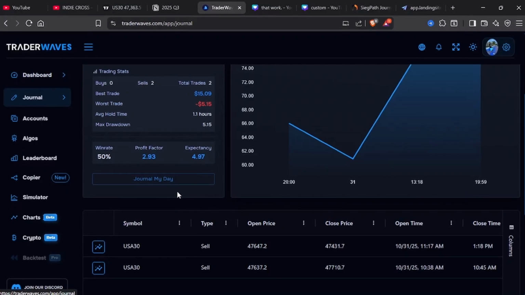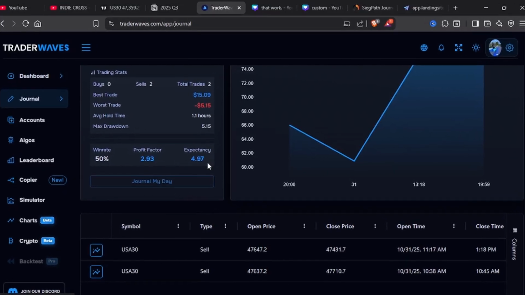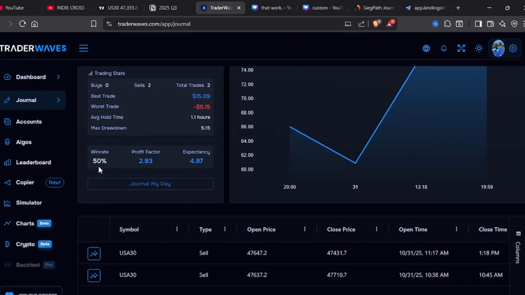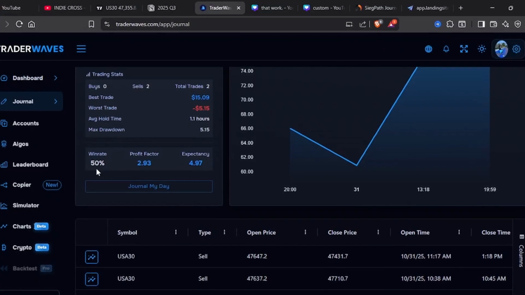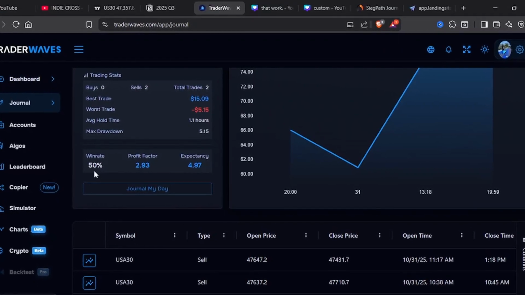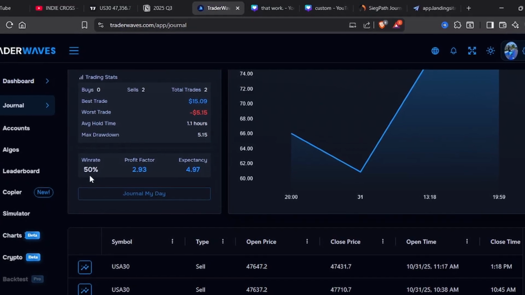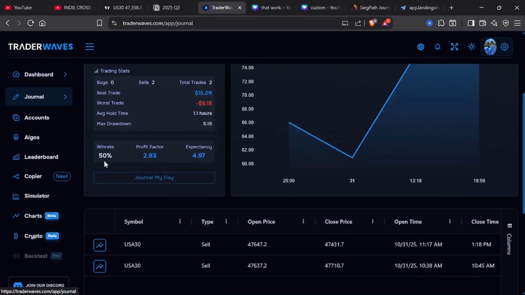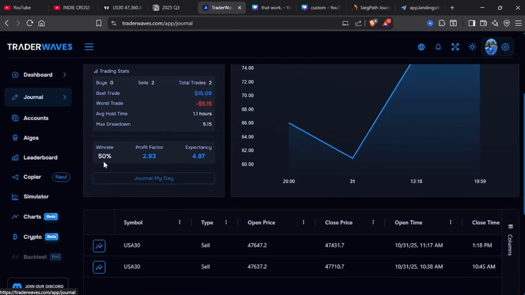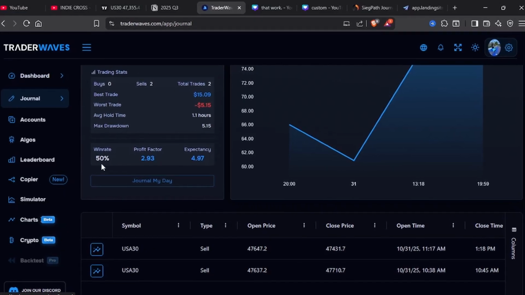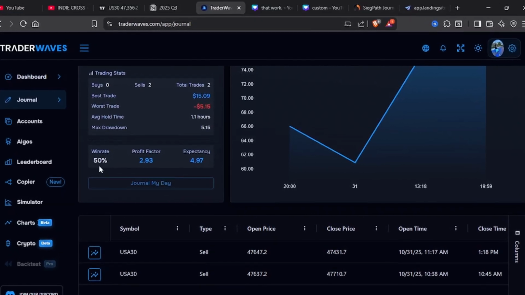Profit factor 2.93, expectancy 4.97. Honestly, I've seen a few persons break down their data like this, and one very common trend I noticed is persons with anything above 75% as a win rate profit very, very small. It's very little, right?